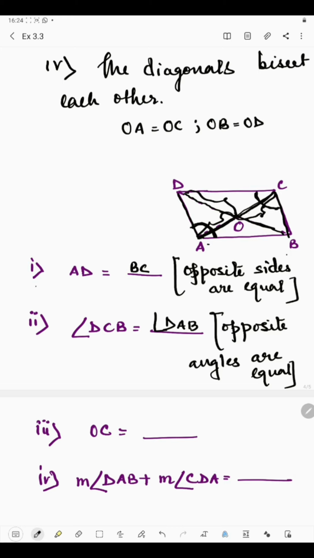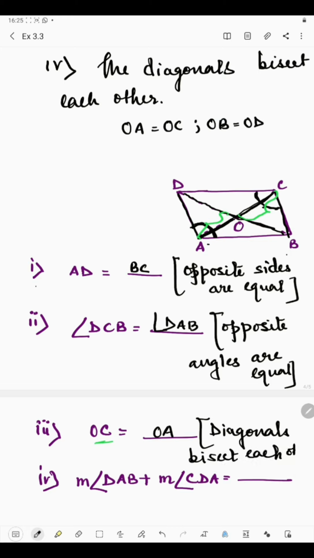Since OC is given, OC will be equal to OA, so we'll write OA. We also have to write the reason, that diagonals bisect each other. Bisect means it divides the line into two equal halves. That's why the length of OC will be equal to OA.